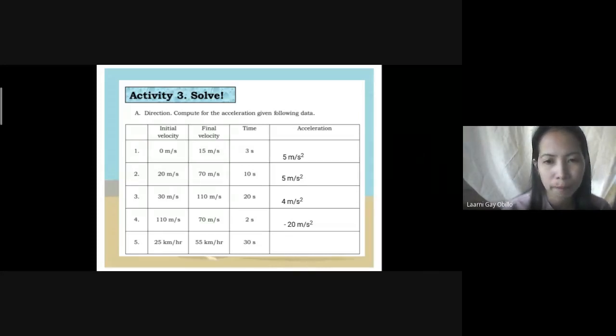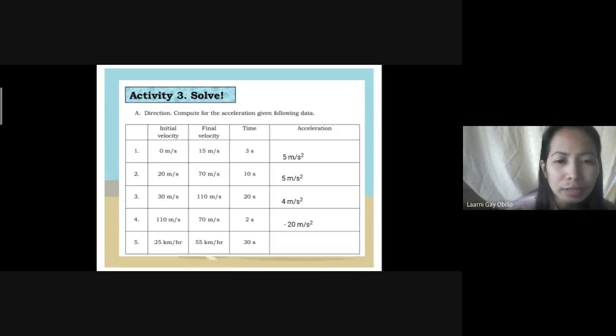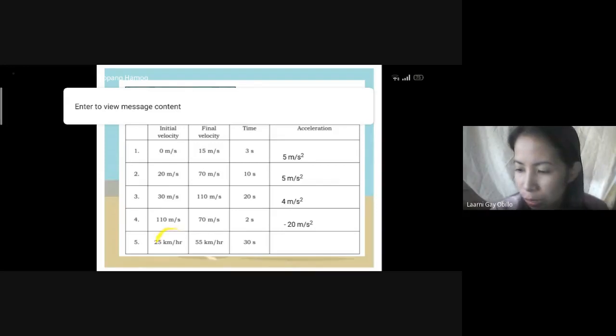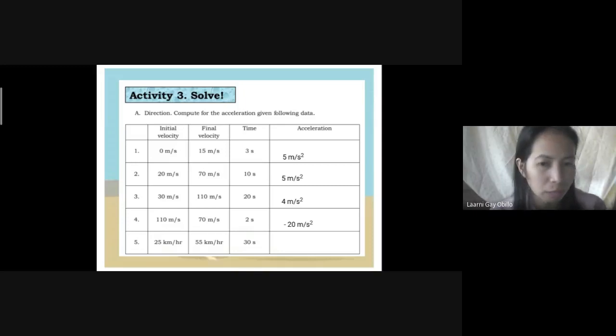Ilan yung matitira? 30 pa rin ba yung 30? Pag hinati mo sa 30, 30 divided by 30. Answer is 1. So, 1 kilometer per hour because that is our unit dito. And the seconds in time. So, 1 kilometer per hour per second.